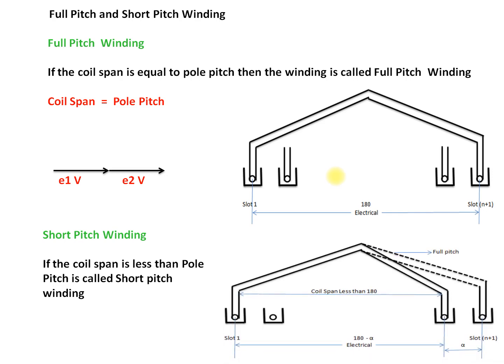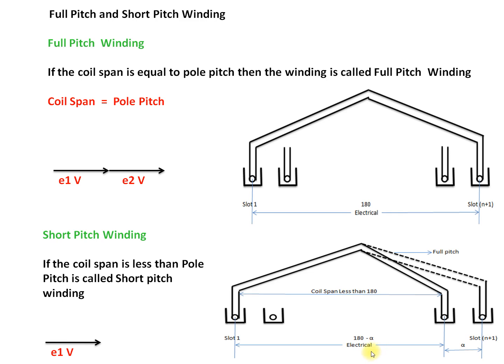If the coil span is less than the pole pitch, then it is called short pitch winding. Here you can compare with this diagram. This dotted line will be the full pitch winding. If the coil span is less than this pole pitch distance, then this particular angle is going to be alpha, and this particular length is going to be 180 degrees minus alpha electrical degrees.